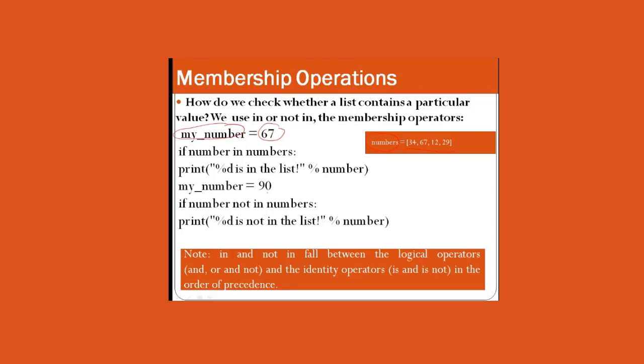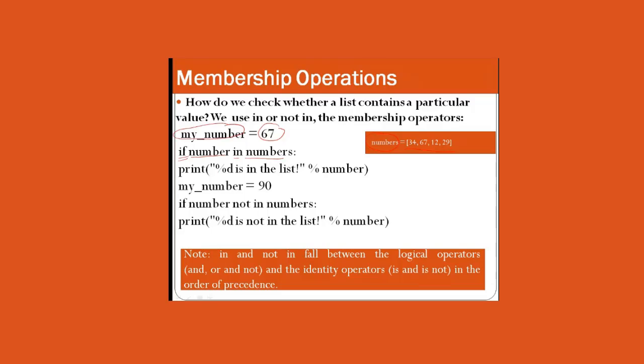So you will be using the membership operators in and not in. If this is the conditional statement, number in numbers. So here you can write my_number in numbers. It will display True or False.